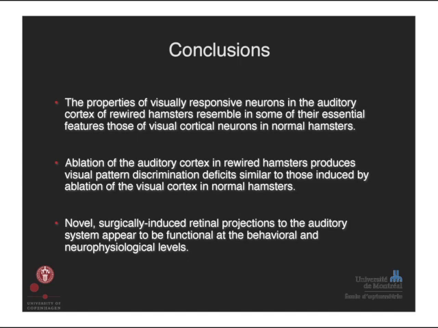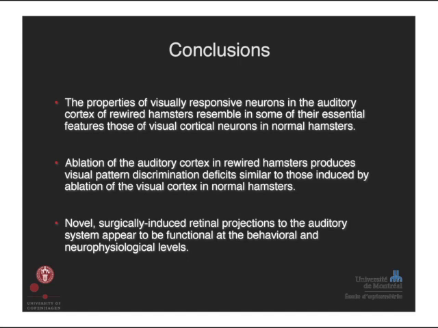So the conclusion is that we found responsive neurons in the auditory cortex of these rewired hamsters that are similar to those you see in the visual cortex of normal animals. If you ablate the auditory cortex in these rewired animals, we have visual pattern discrimination deficits similar to those induced by ablation of the visual cortex.